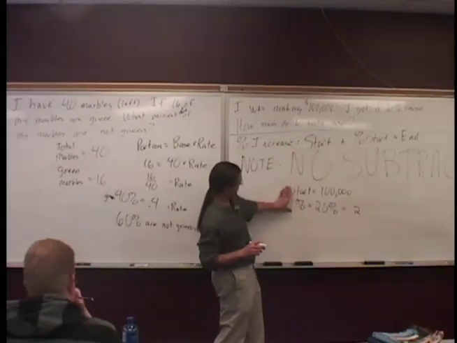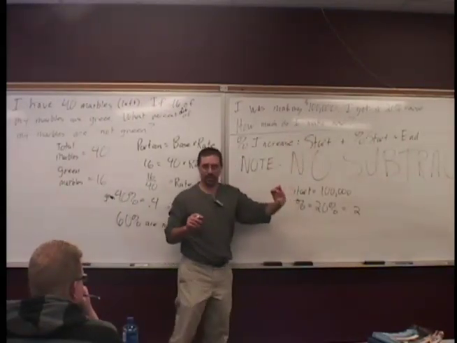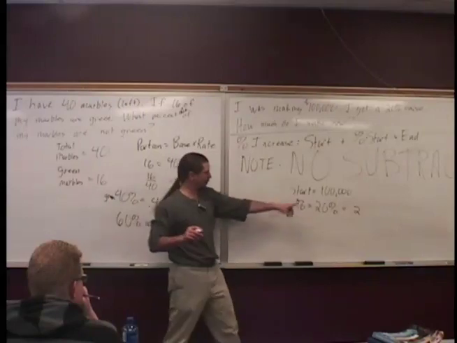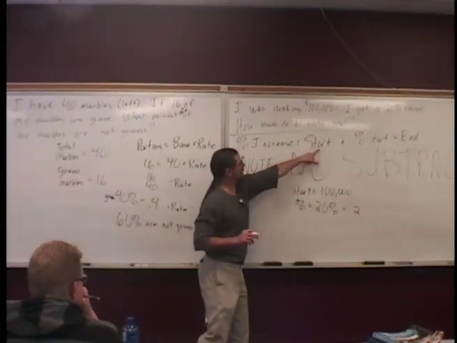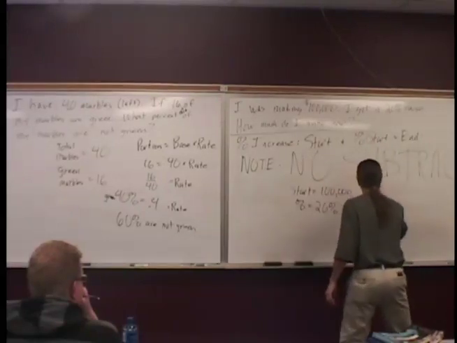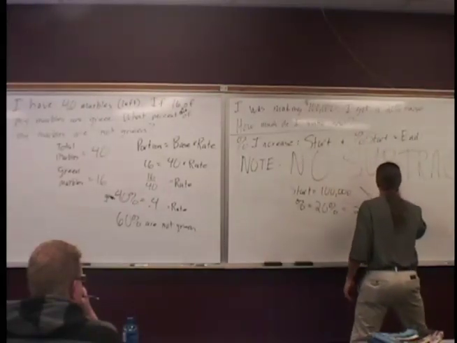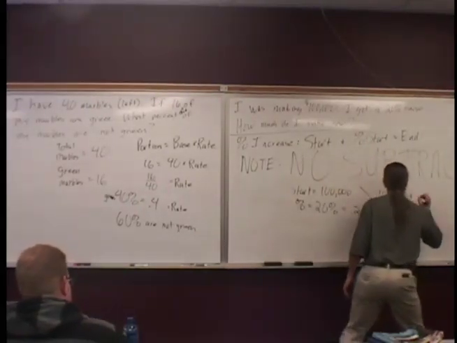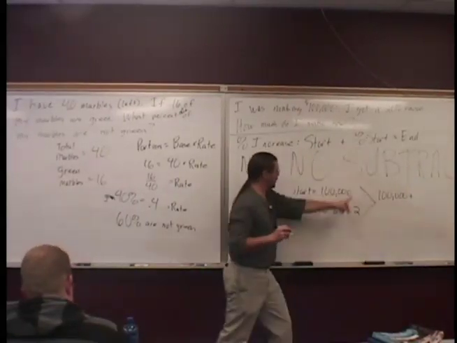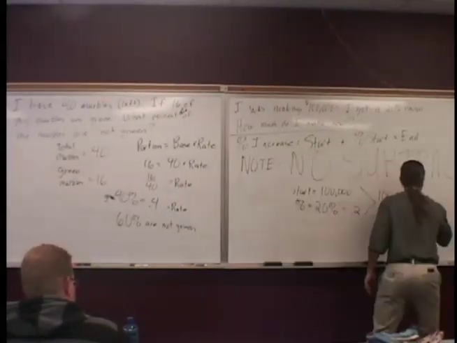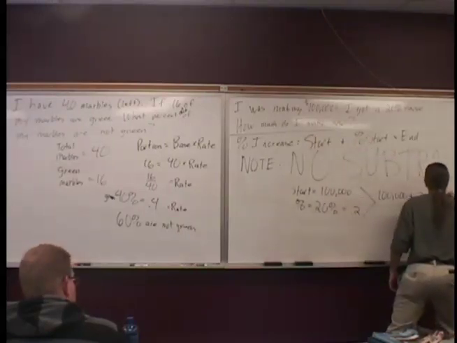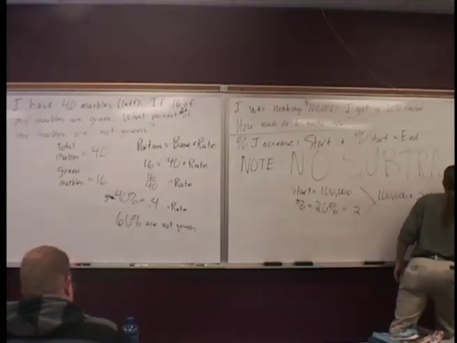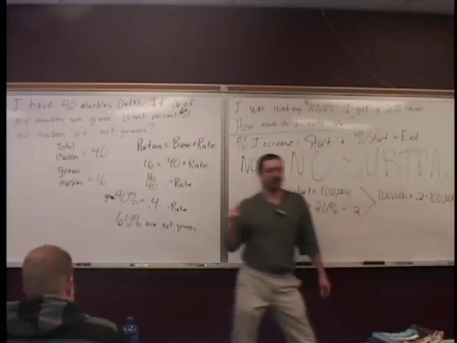Take this information and plug it into your equation, okay? So everywhere you see the word start, put in $100,000, right? So we start at $100,000. And we're going to add our percentage, which is 0.2, times start again, $100,000. And this will get me where I end up.